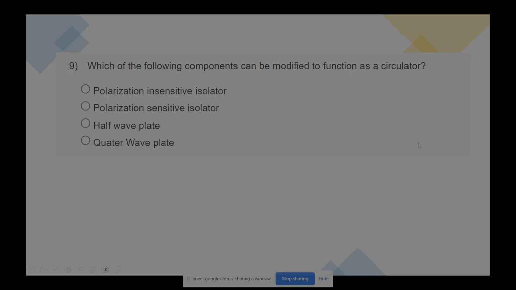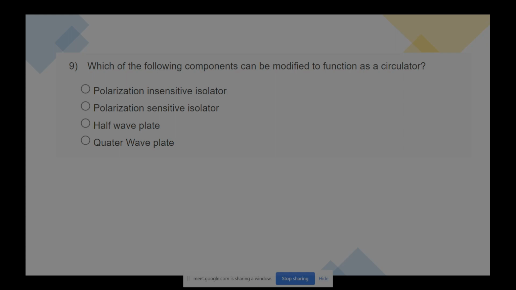Now we'll go to question number 9. Which of the following components can be modified to function as a circulator? First option is polarization insensitive isolator.